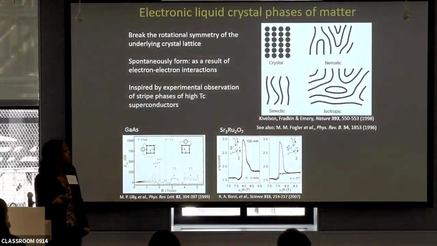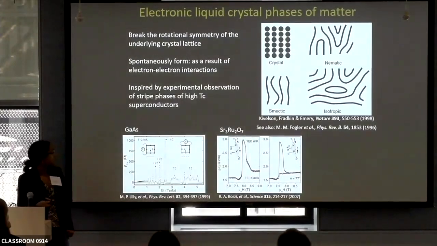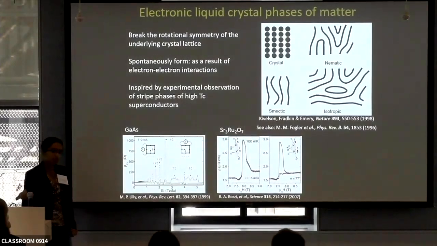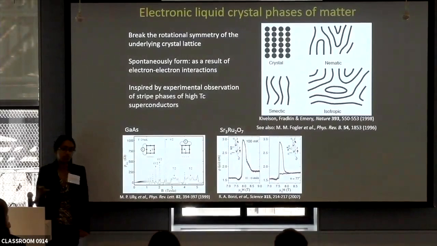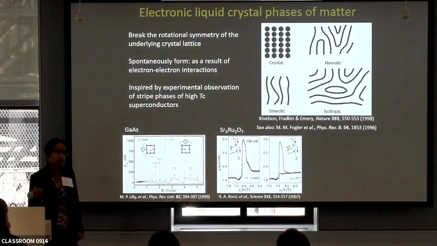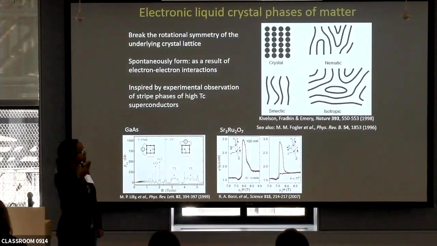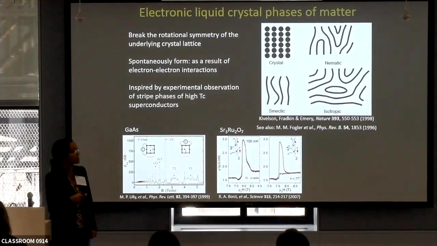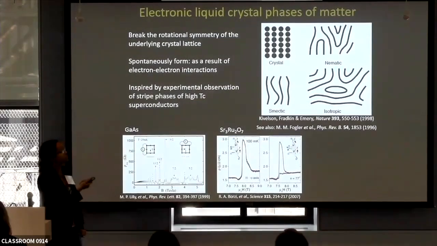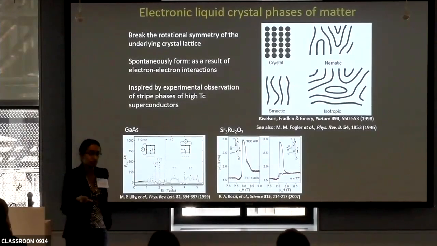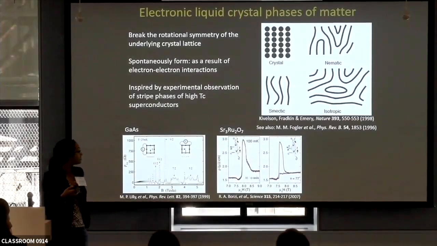They've also been studied extensively in a number of material systems, including, you might have heard of, gallium arsenide around ν=9/2, or strontium ruthenate experiments. And the signature of these experimentally is that the electronic behavior along different crystallographic axes is dramatically different. So the electronic states themselves have a certain preferred directionality or orientation to them.